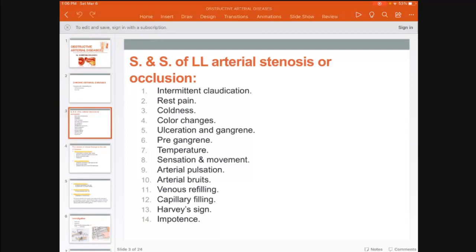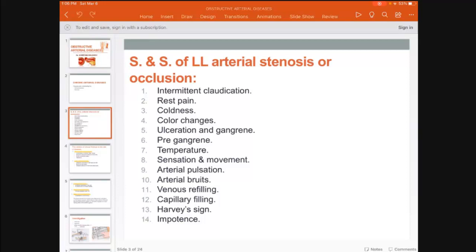If it is anything more than 3 seconds, it means there is an abnormality in the arterial supply, either stenosis or obstruction. The most important thing is the normal return in 1 to 3 seconds. Above 3 seconds is abnormal venous refilling or capillary filling.